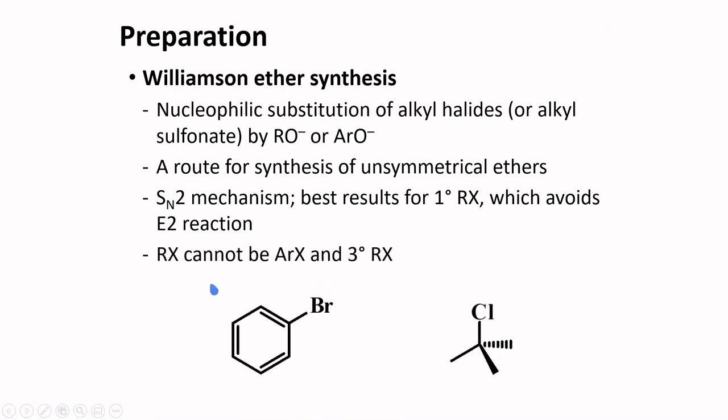The alkyl halide cannot be ArX, an aromatic halide, or a tertiary alkyl halide. For the aromatic halide here, the displacement of Br is not very likely and will not occur in ordinary conditions. For tertiary alkyl halide, on the other hand, elimination will occur quite easily.